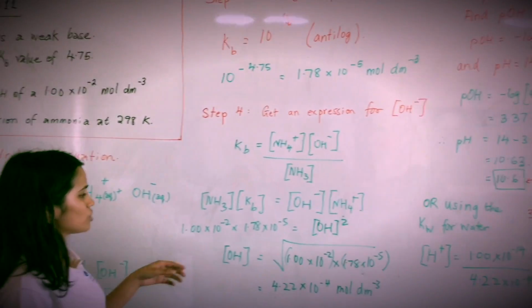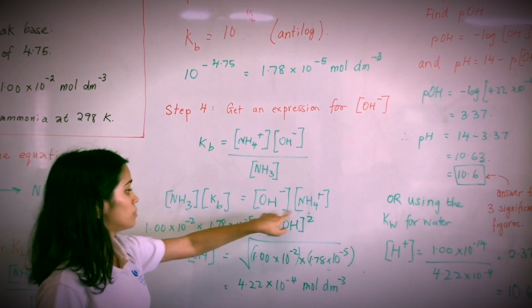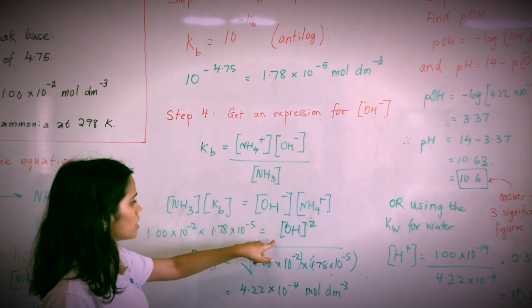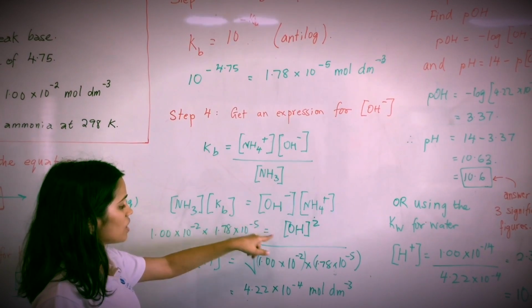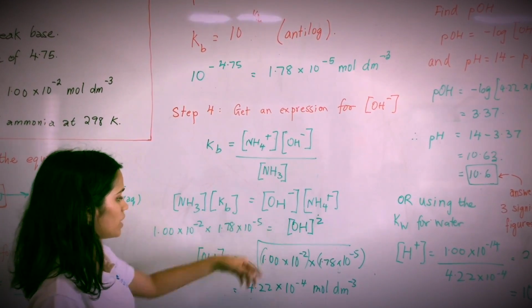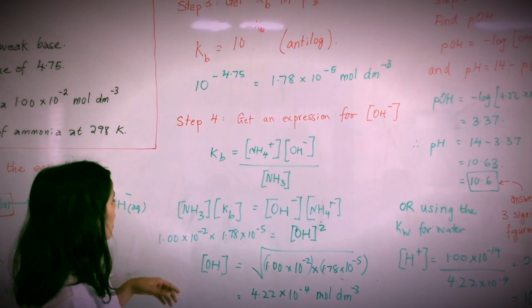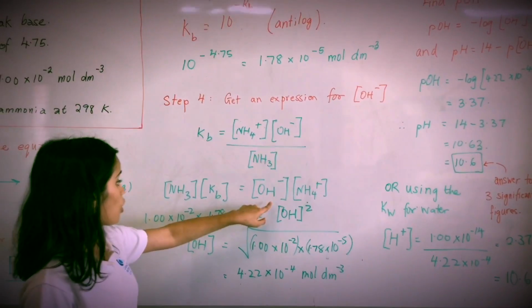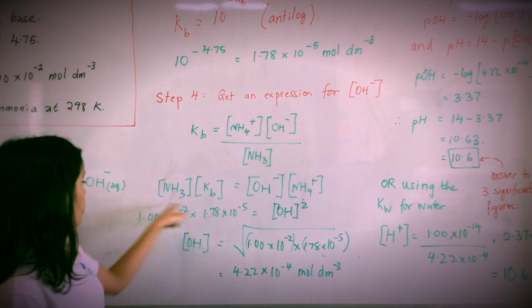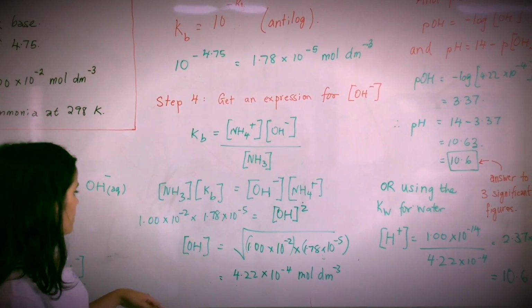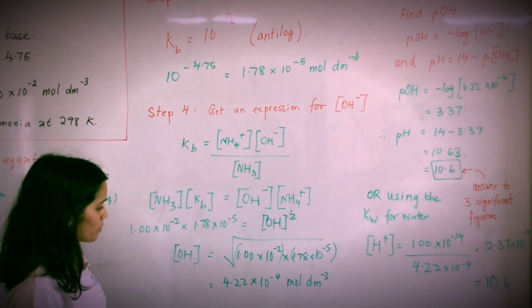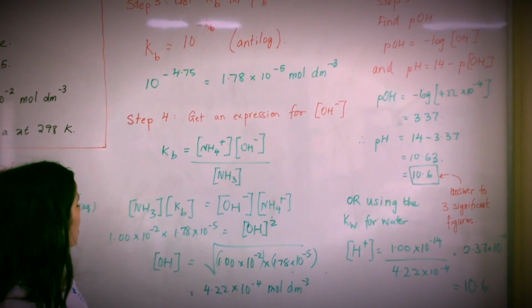So we could just say that the multiplication of these concentrations is going to be the same as the square of the OH concentration. When we move this equation around to find OH, you basically just square root the other side. When you square root this, you get a value of 4.22 × 10^-4 mol.